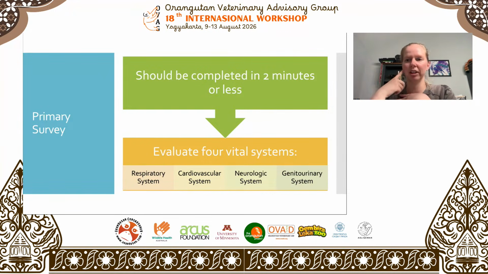We'll also be checking their mucous membranes and pressing on them to see what their capillary refill time is like, to show us how their perfusion is. When we feel their heart and their pulses, are they both pulsing at the same time? Do the pulses feel strong? Do they feel bounding? Do they feel weak and thready?